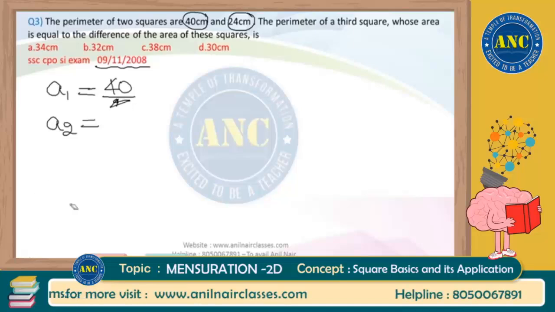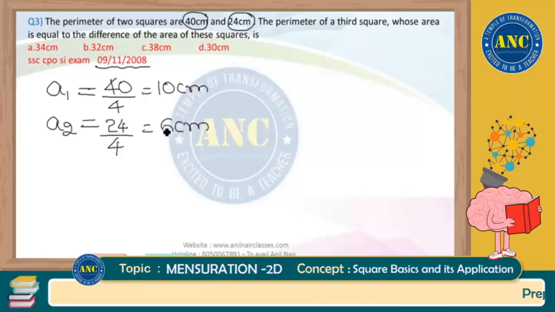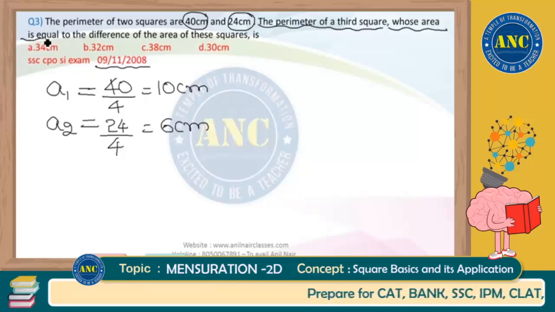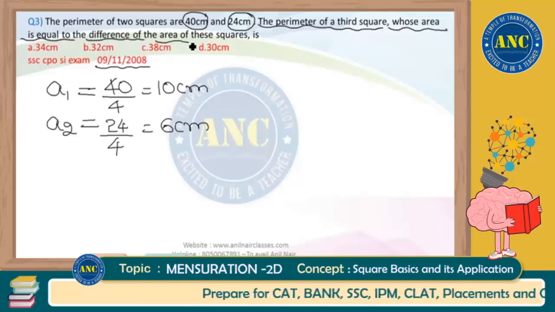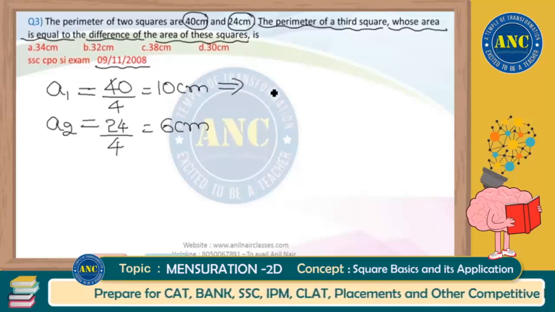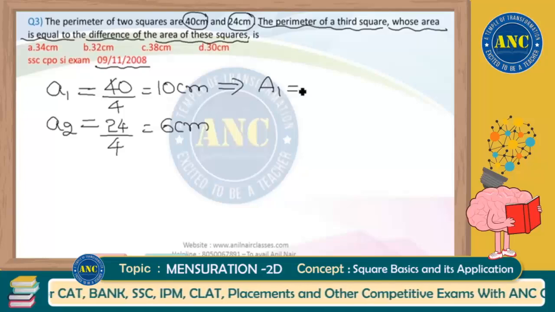So 40 divided by 4 is 10 centimeters, the side of the first square. Similarly, a2 is 24 divided by 4, which is 6 centimeters. I need to find the perimeter of the third square whose area is equal to the difference of the areas of these two squares. It is the same question I solved as my second question.